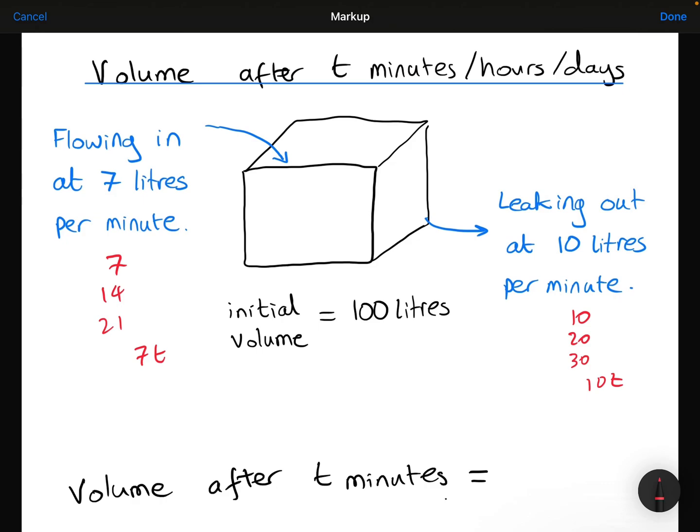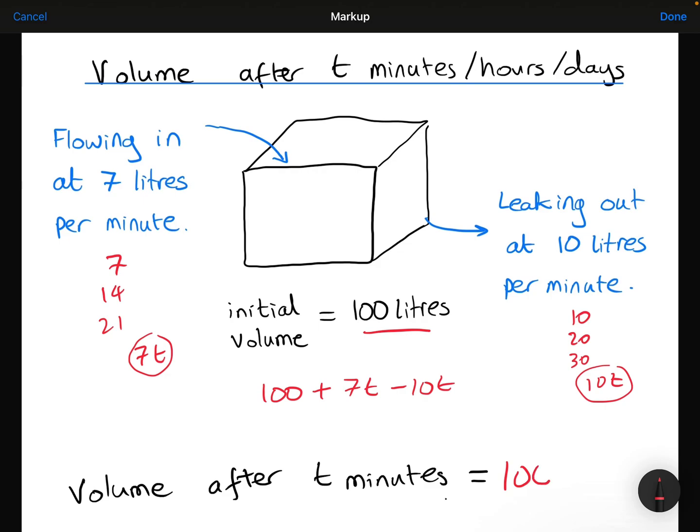So we started with 100 litres inside this container. 7t has gone in and 10t has gone out after t minutes. So our volume after t minutes is 100 plus the 7t that's gone in minus the 10t that has gone out.